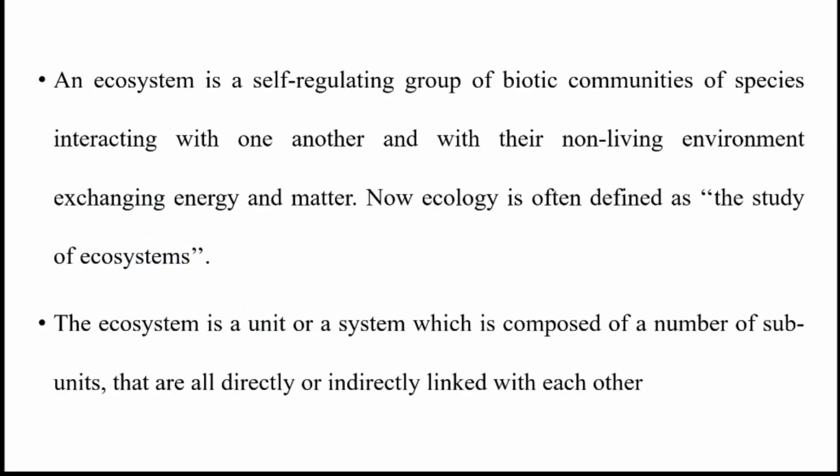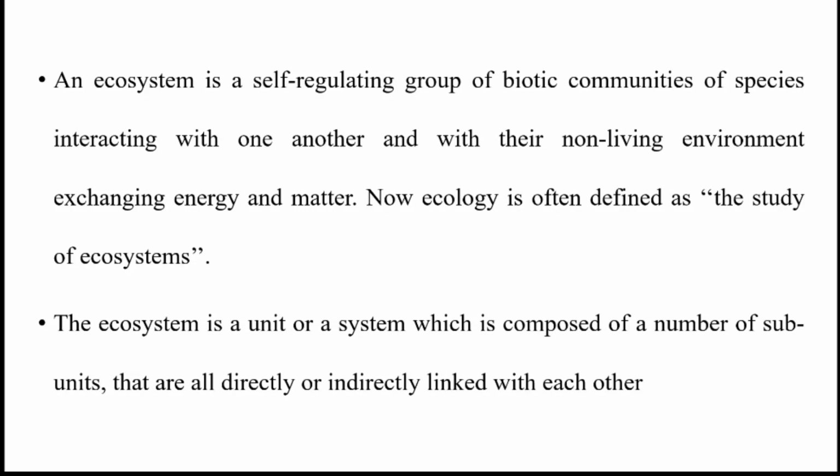What is an ecosystem then? An ecosystem is a self-regulating group of biotic communities of species interacting with one another. What is a biotic community? A group of living organisms living together, interacting with each other, and the relationship of this biotic community with their non-living environment, exchanging energy and matter.